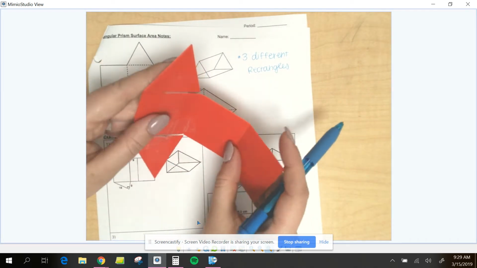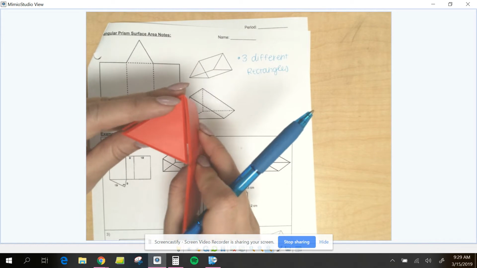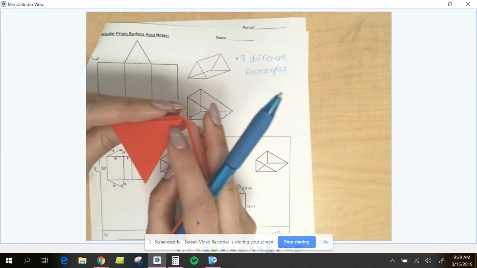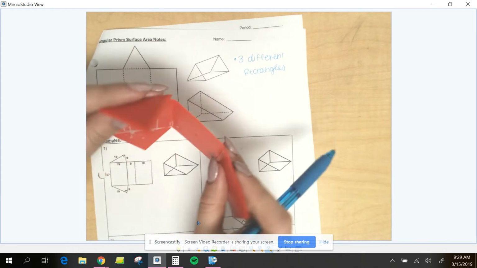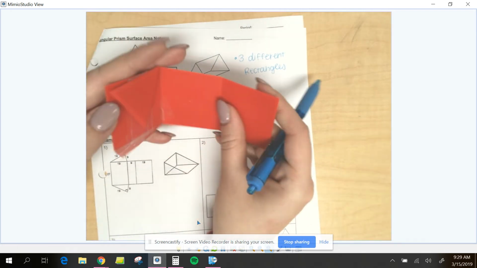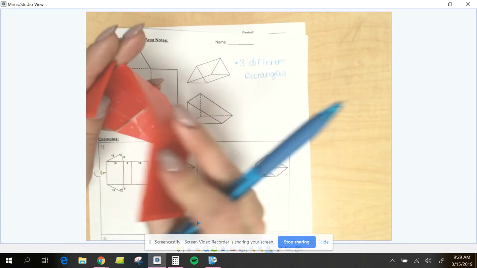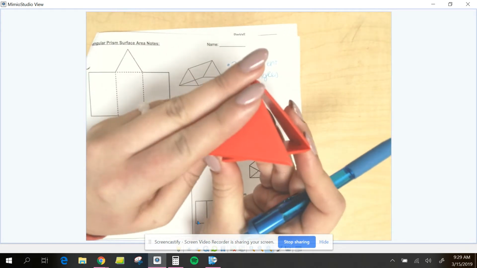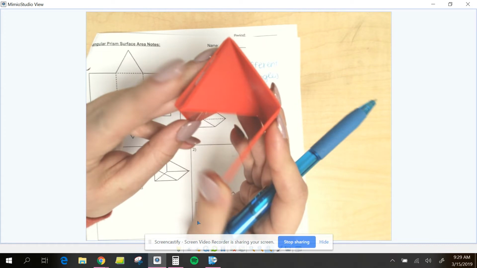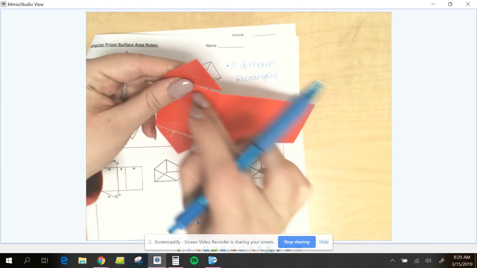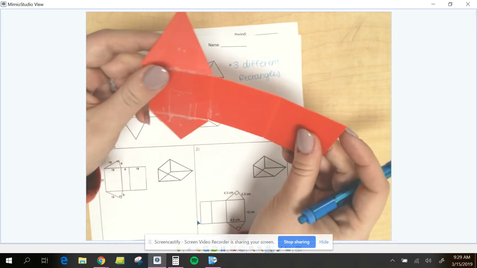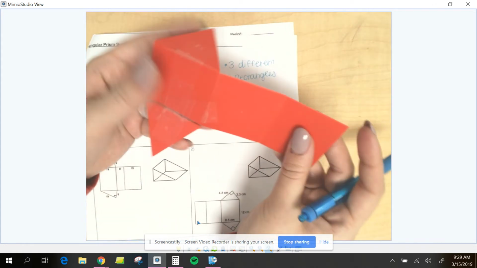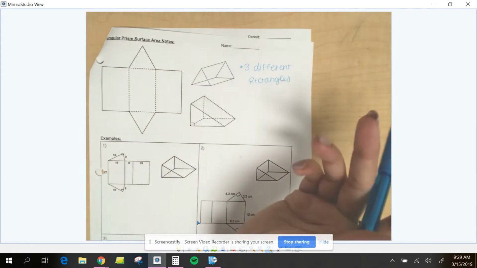But when I fold this side up, it will match with this side of the triangle, which could be different. And then lastly, when I fold up this last rectangular piece, it goes with the other side of the triangle. See how there's 3 sides there that all match up with the different sides of the rectangles. So you want to make sure that you think about these 3 rectangle pieces as different.